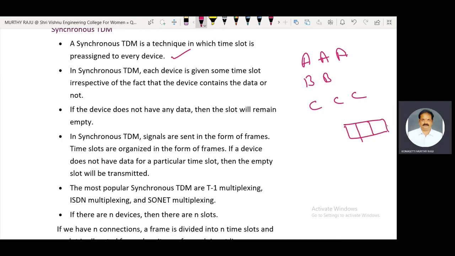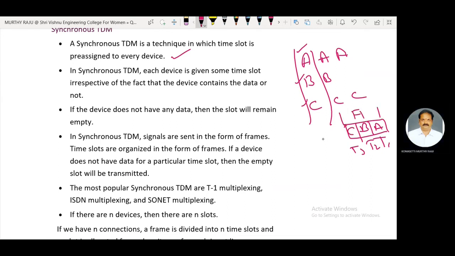Each frame contains three time slots: time slot 1, time slot 2, time slot 3. For the first slot, extract the information of source 1, that is A. Extract the information of source 2, that is B. Extract the information of source 3, that is C. This is called frame 1.